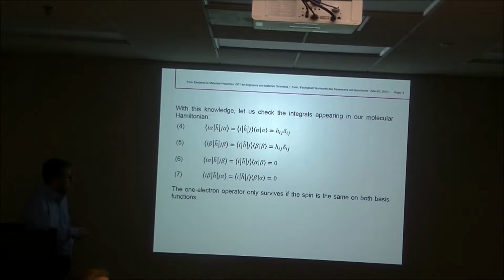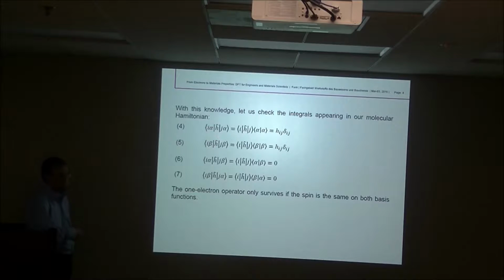So we see the one electron operator survives only if the spin is the same on both basis functions, right? If they have different spins, our one electron operator gets 0. This is for one electron and one proton, which is typical for any hydrogen-like system.